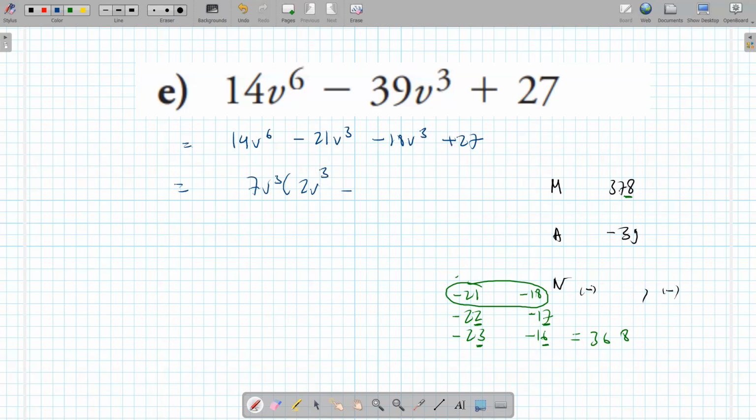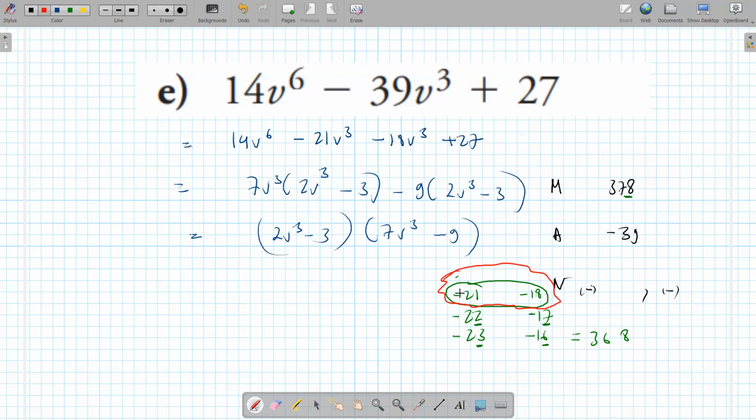Yeah. Minus 3, and then from the next two, you can pull out a 9. You're left with 2v cubed minus 3 as well. So you have 2v cubed minus 3 times 7v cubed minus 9. And that's the end of the question. Make sense? This part is a tricky part, coming up with these numbers, and that's always going to be the case when you're dealing with numbers in the hundreds or in the thousands.